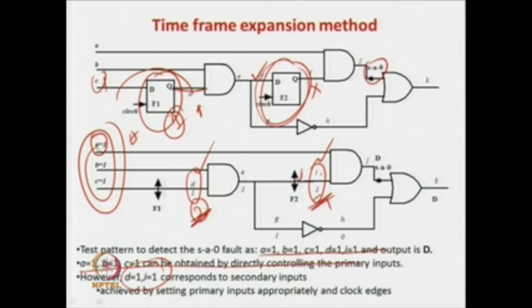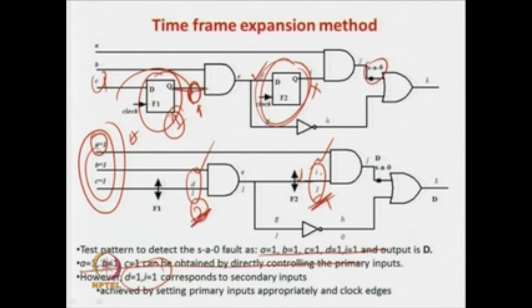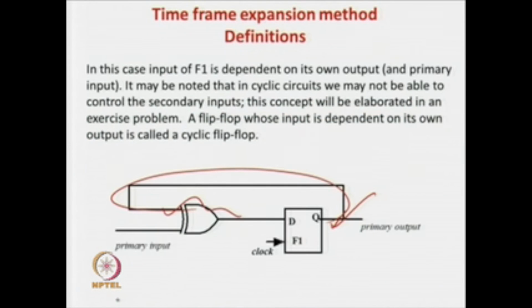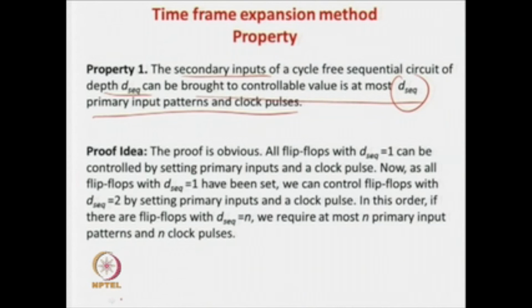So, indirectly you can say that one more pattern and one more clock pulse will set it, because after one pattern this one is set, as it is sequential depth 1, and this one is dependent on primary inputs and only on this output. That is, only on flip flops whose sequential depth is 1, because the sequential depth is 2. So, now you can apply another clock pulse and this value will be at the output. So, by the second clock pulse, all the flip flops having sequential depth 2 will be set.